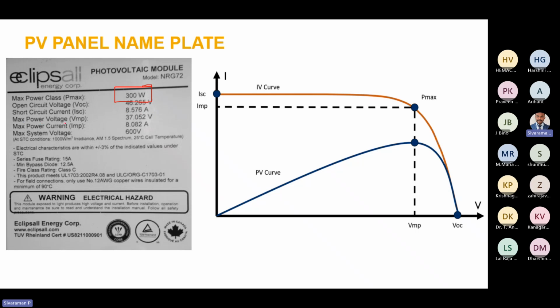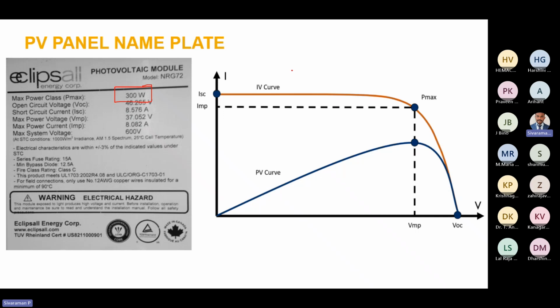Then the maximum power voltage, that is VMP, is 7.052, and maximum power current IMP is 8.082 ampere, right?